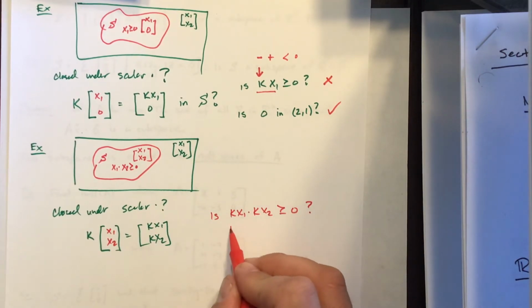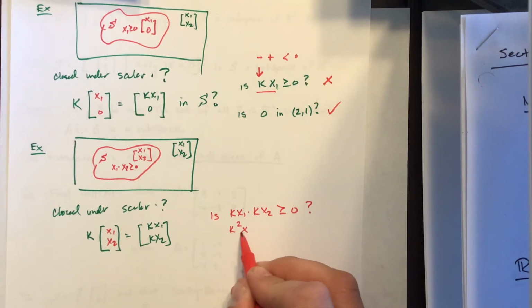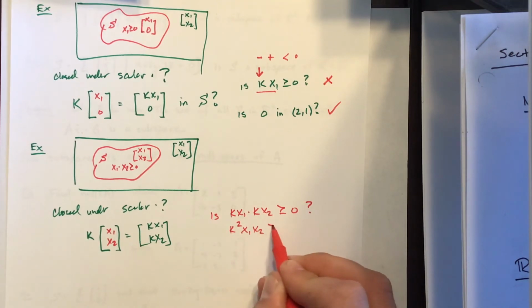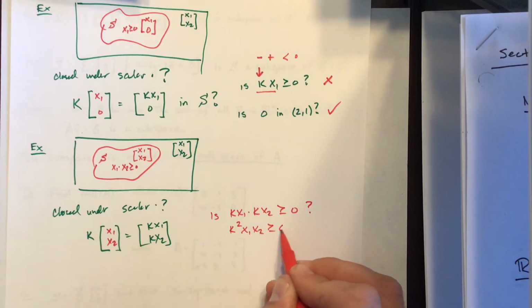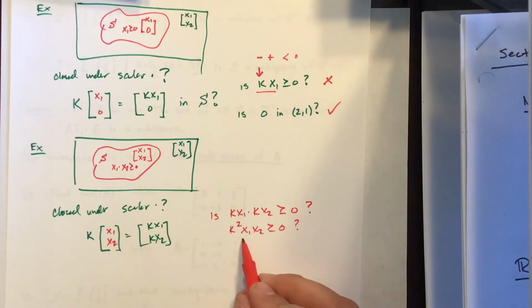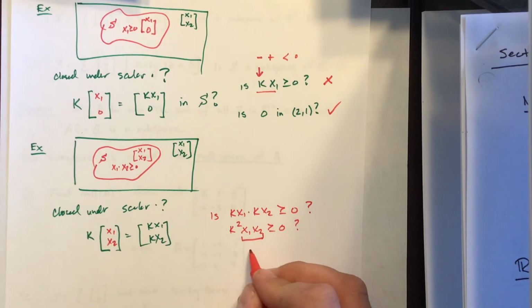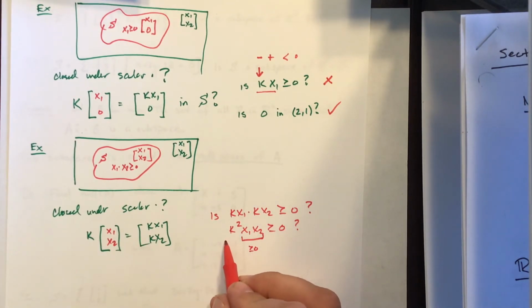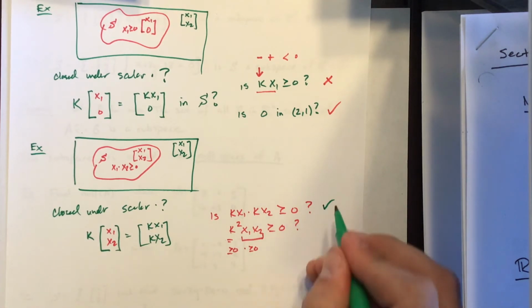Well, that is equal to k squared times x1, x2. x1, x2 is by definition greater than or equal to 0 because it's in the subset S. K squared is greater than or equal to 0. And I have a product of two things that are greater than or equal to 0, so their product is greater than or equal to 0, and so this works.